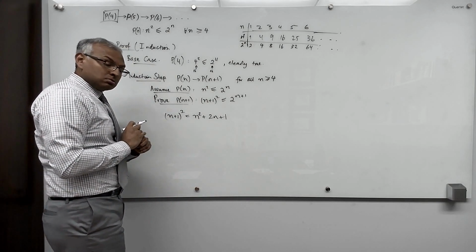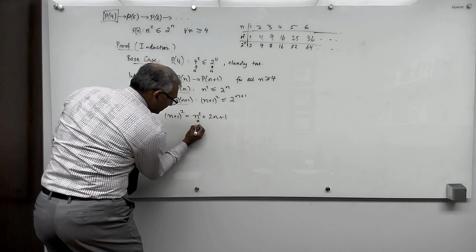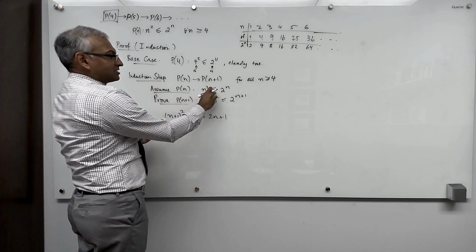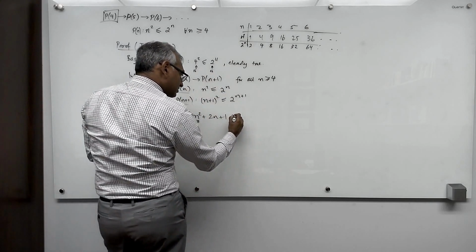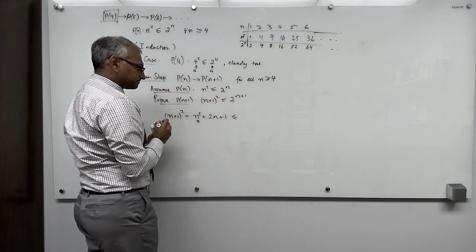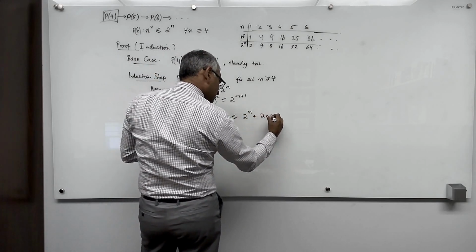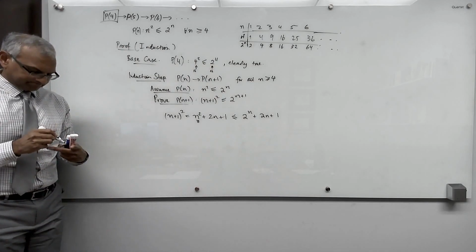Okay. Now, you observe that I have n squared here. I get to assume that n squared is less than or equal to 2 to the n. So that means that this is less than or equal to 2 to the n plus 2n plus 1. Okay.